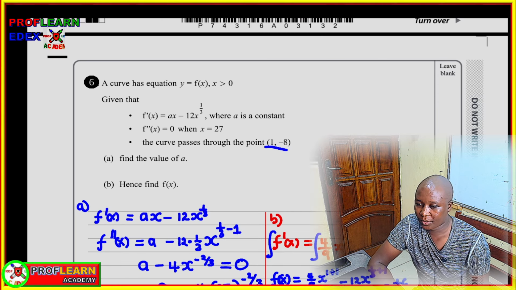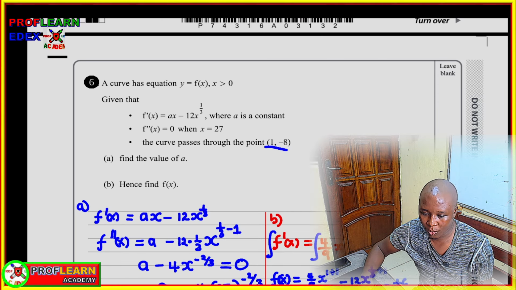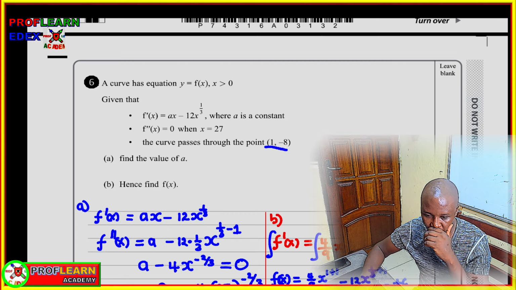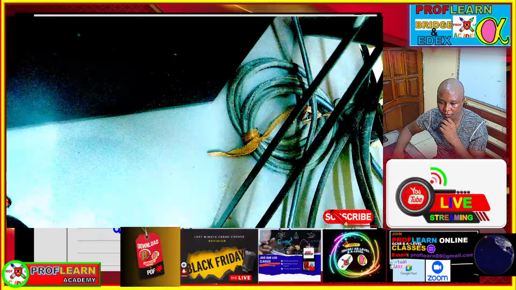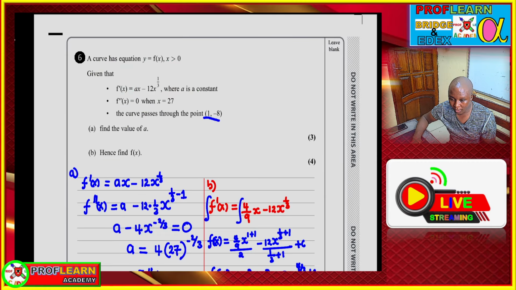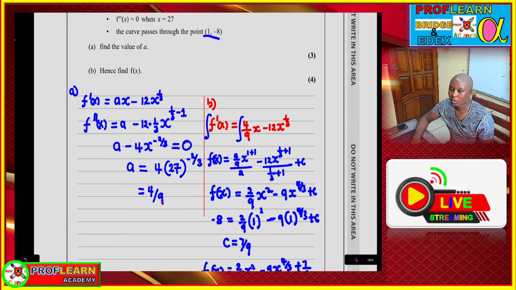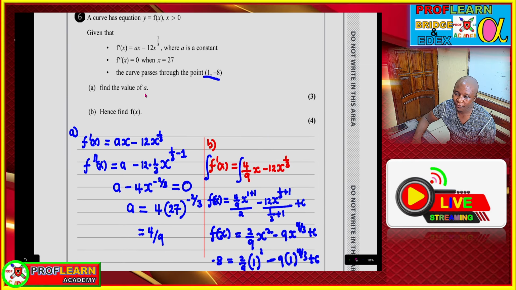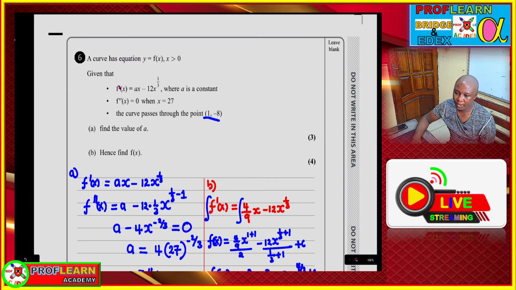In this question, candidates were expected to find the value of a, but they were given f prime of x, and f prime of x is ax minus 12x raised to the power one third.